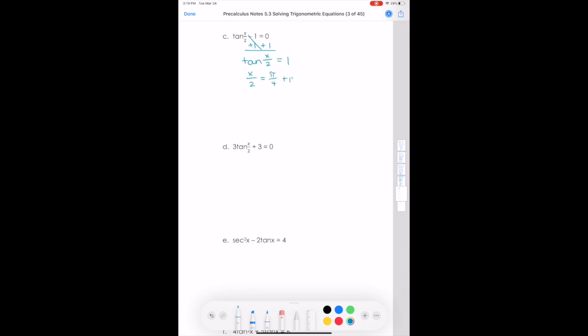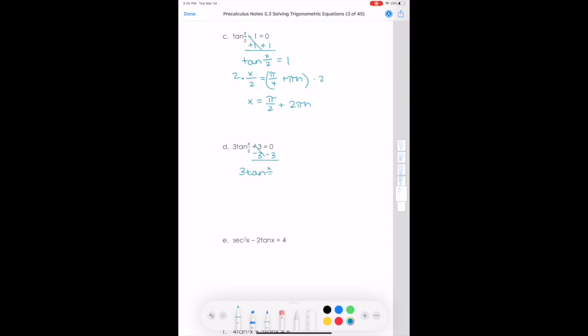So tangent has a period of pi instead of 2 pi. Multiply both sides by 2, so you'll distribute that 2, just like we divided everything by 3 or by 2 in the last couple examples. You get x equals pi over 2 plus 2 pi n.